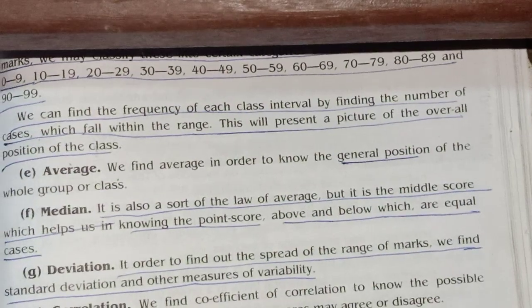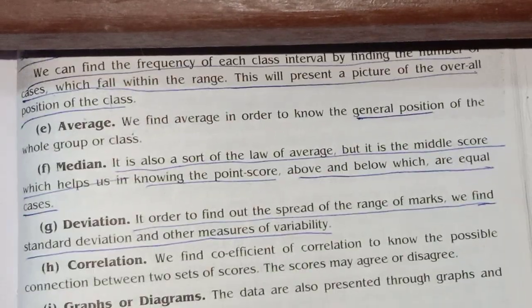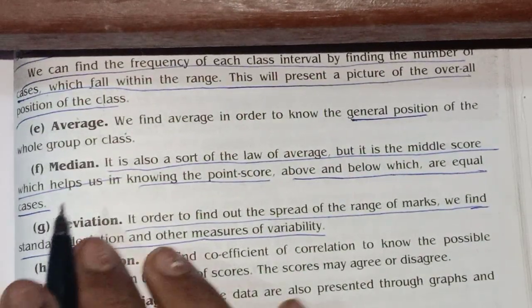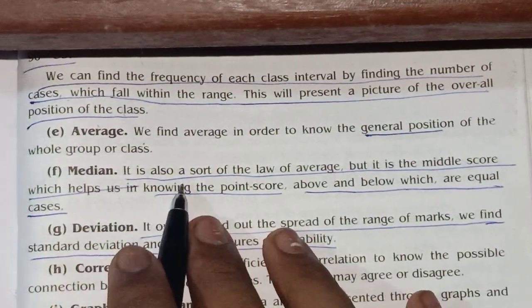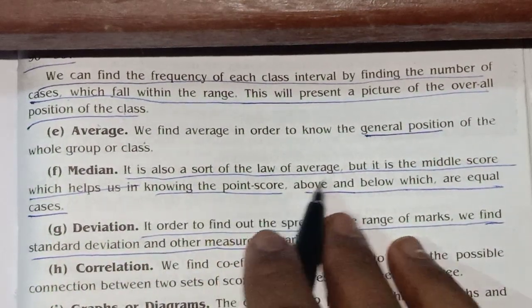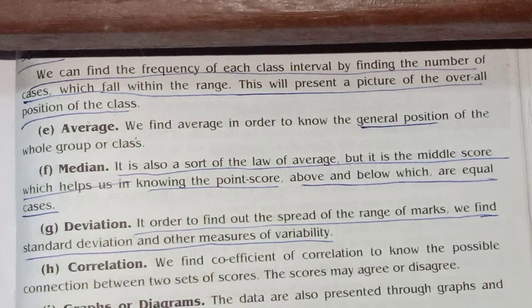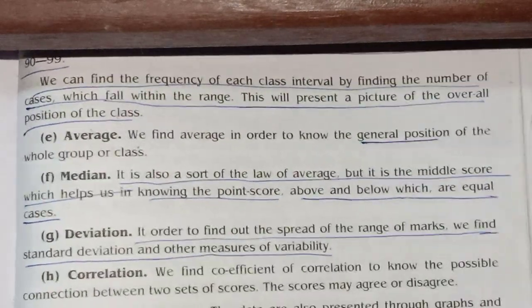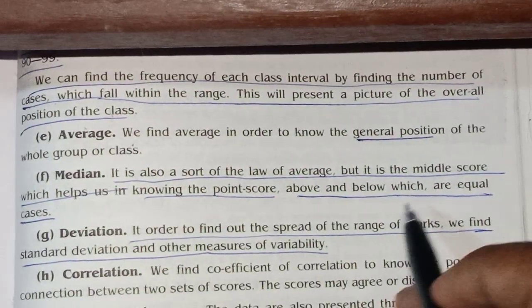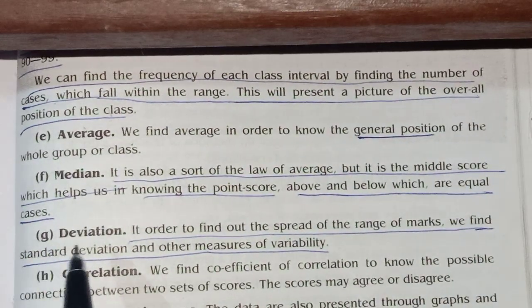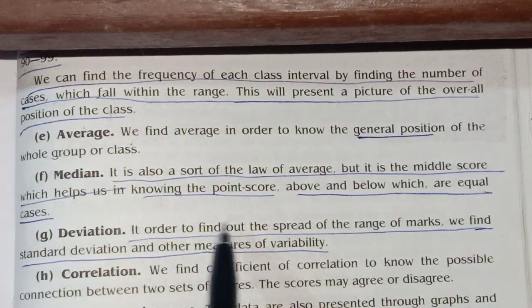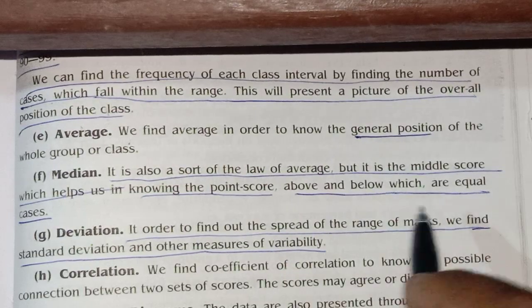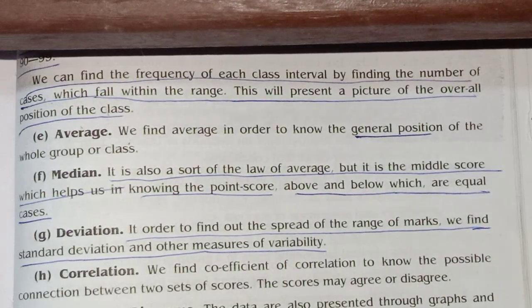Then median. What is median? It is also a sort of measure of average. Median is like average in many ways, but it is the middle score, which helps us know the point above and below which there are equal cases.